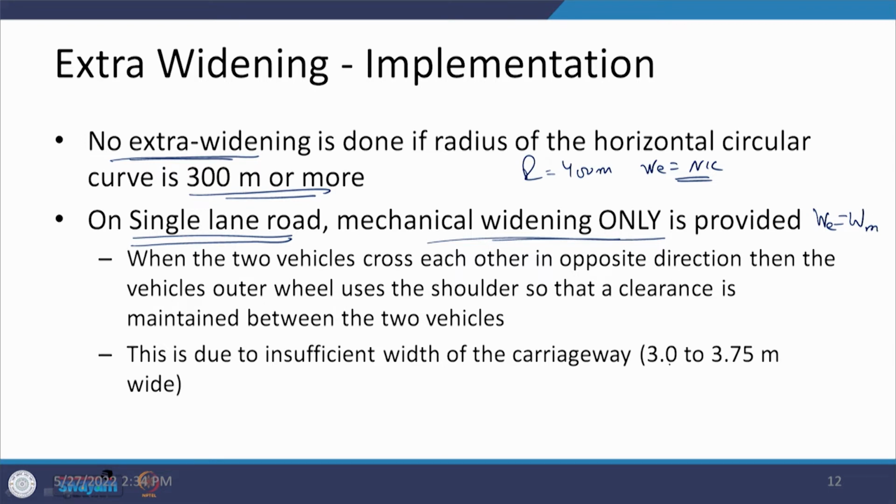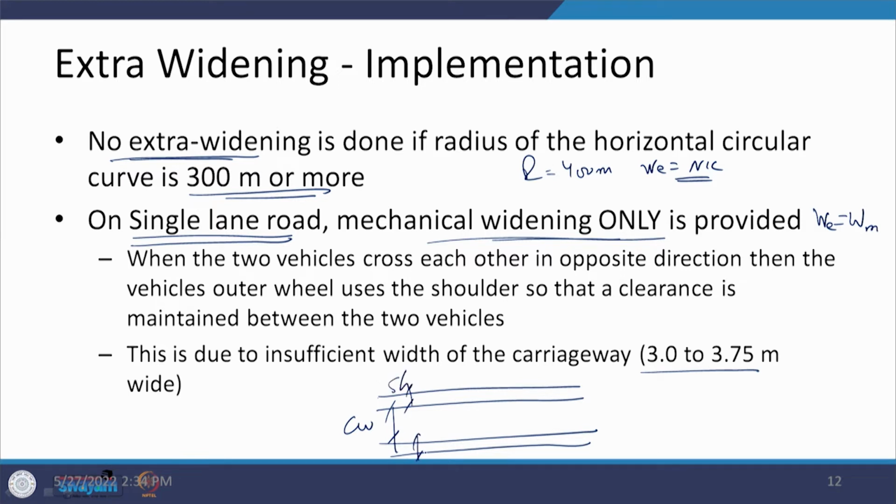So, we have a carriageway which is 3 to 3.75 meters wide, and it is being provided with a shoulder on either side. Usually, if we talk about the single lane road, this shoulder at the minimum has to be say 1 meter. So, you have a shoulder here and a shoulder here, and say we assume this is 1 meter and this is a 3.75 meter carriageway.